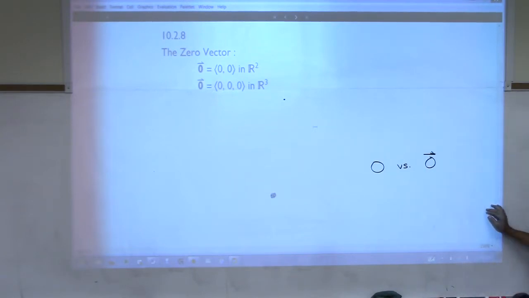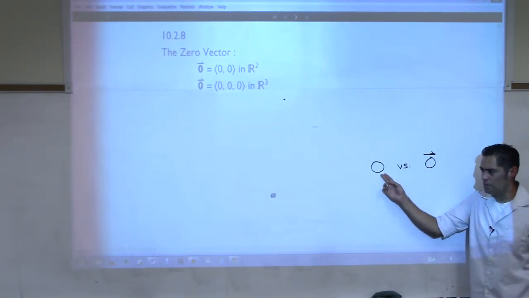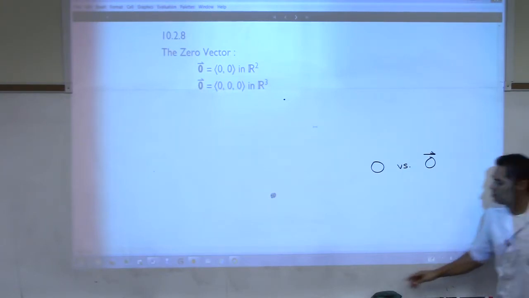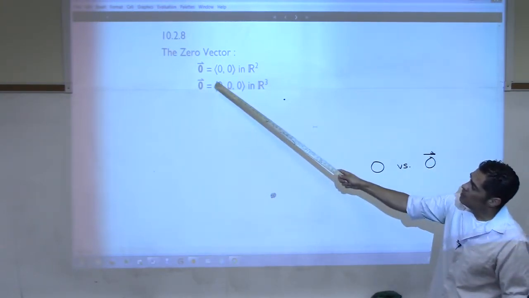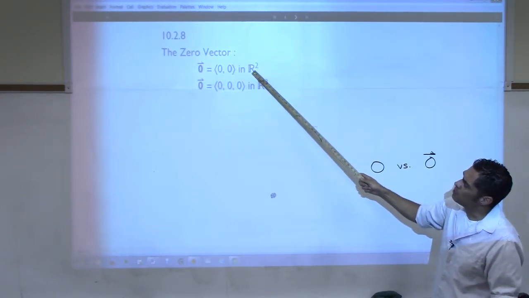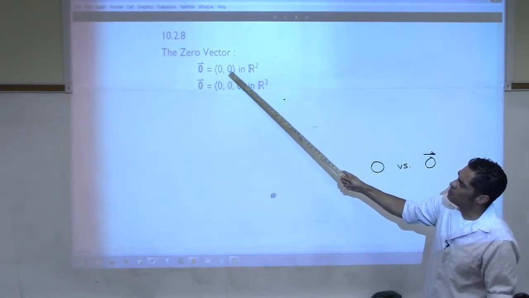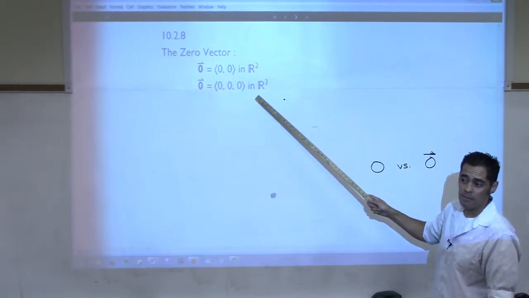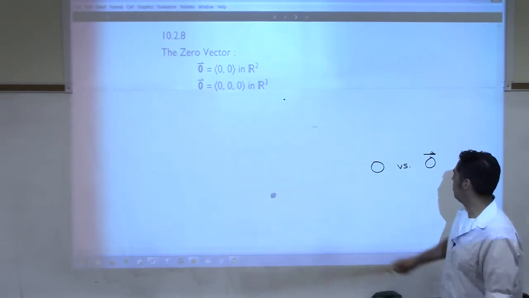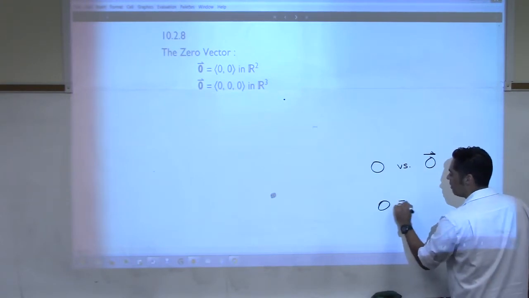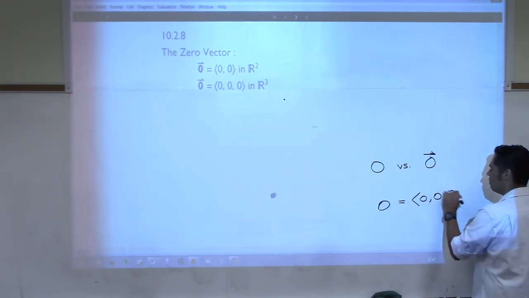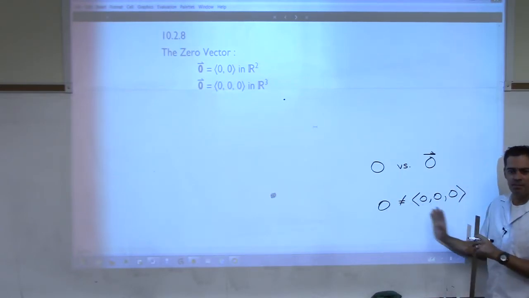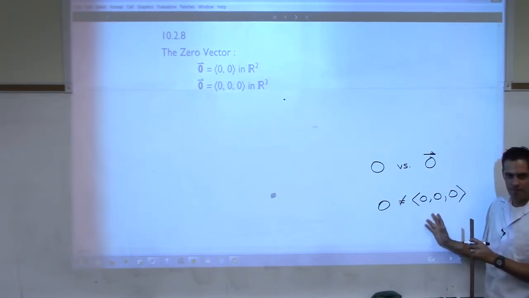This is the number 0. This is the vector 0. The zero vector in two-dimensional space is the vector 0, 0. The zero vector in three-dimensional space is the vector 0, 0, 0. So you cannot say that the number 0 is equal to the vector 0. That's like comparing an orange to a cat. They're not the same species. You know what I'm saying?